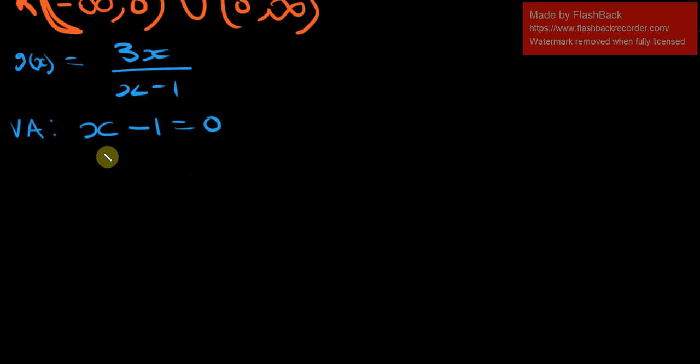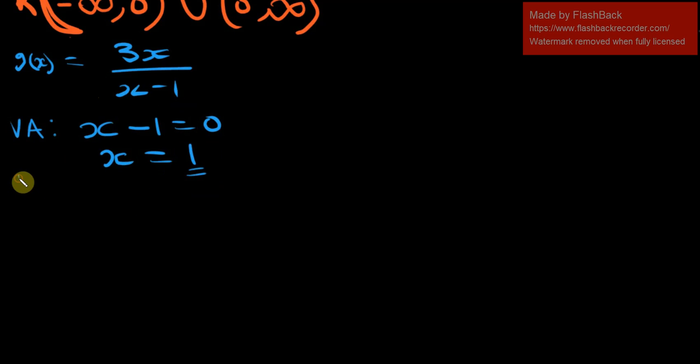In this case, x is equal to 1. So the zero of the denominator, which is 1, informs us that the vertical asymptote lies at 1. So the vertical asymptote for this function lies at x equals 1.